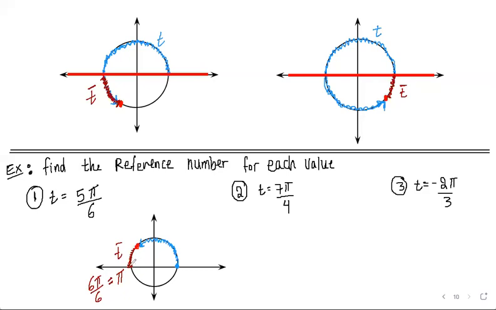So we subtract: t bar equals 6 pi over 6 minus 5 pi over 6. And the distance is pi over 6. And this is my t bar.